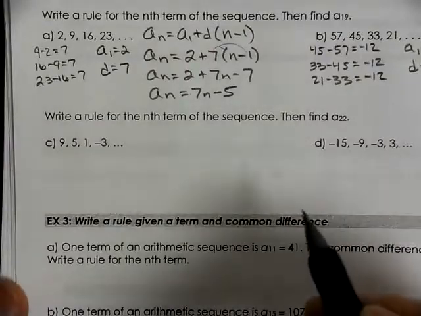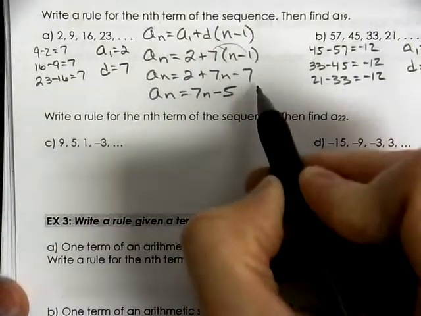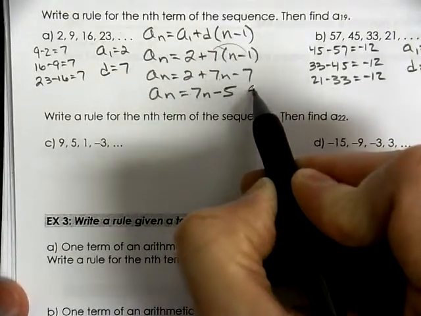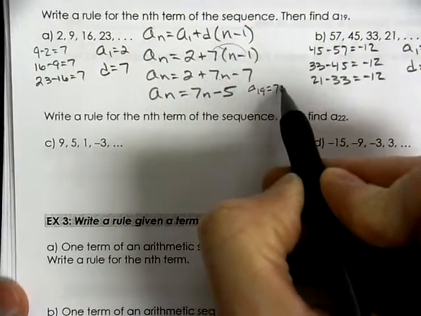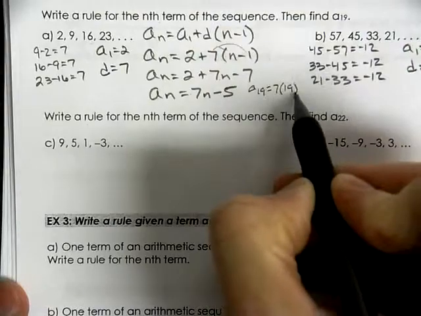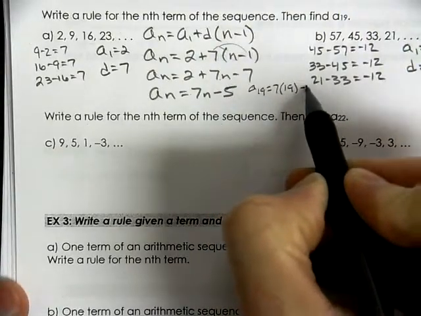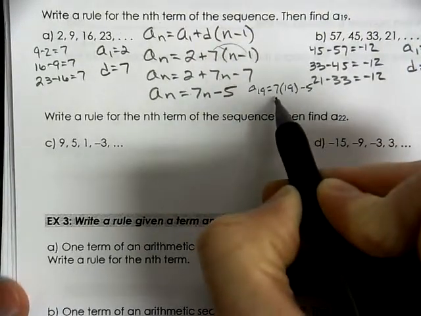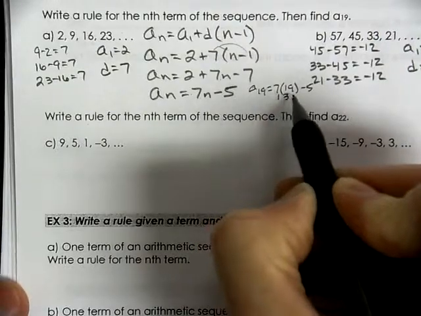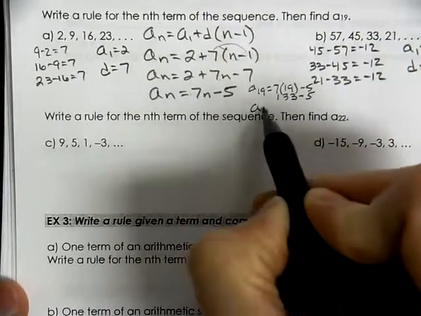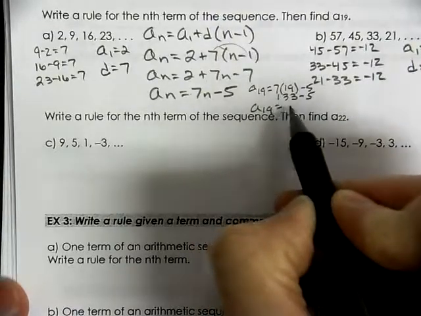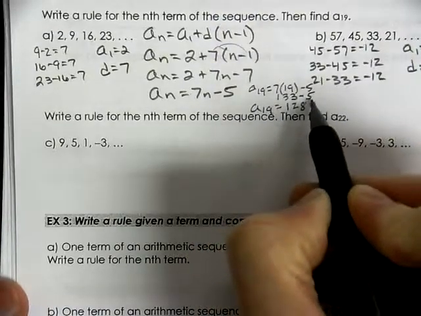To find the 19th term, you typically plug in a 19. So a of 19 equals 7 times 19 minus 5. So we're going to get 133 minus 5. So the 19th term should equal 128.